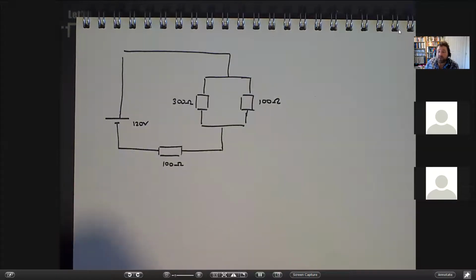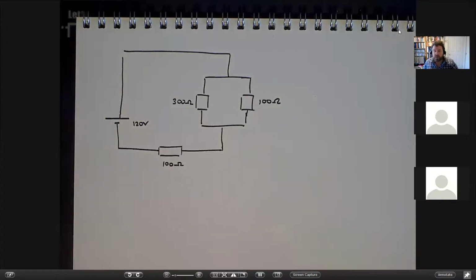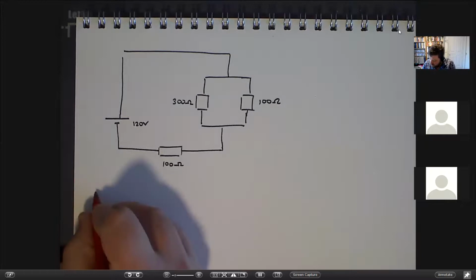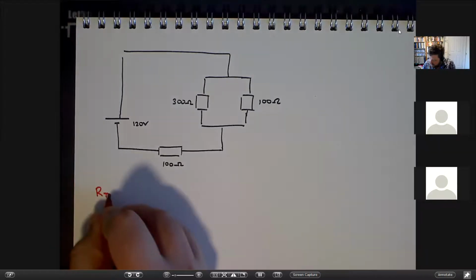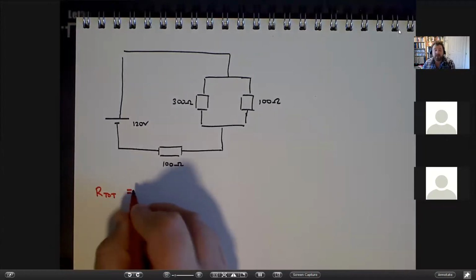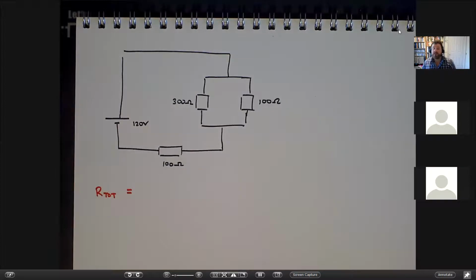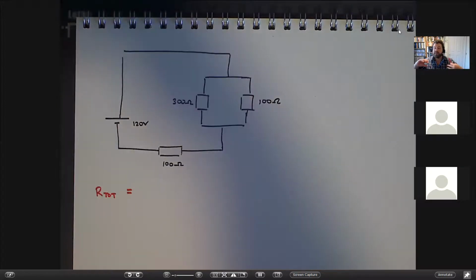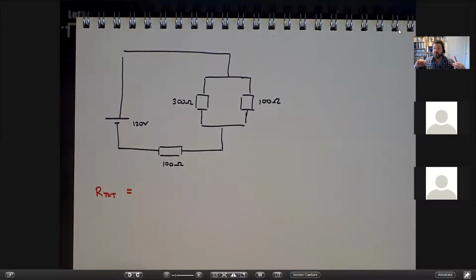What I would like you to do for me is first off, work out the total effective resistance of this whole circuit. Do that by doing an equivalent resistance for any internal parallel parts, and then add them all together to get your total resistance.